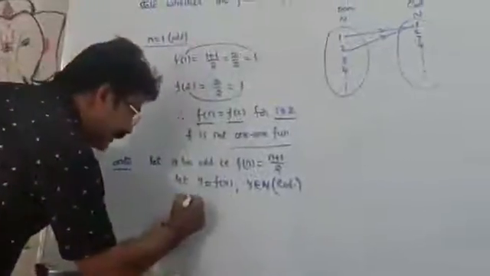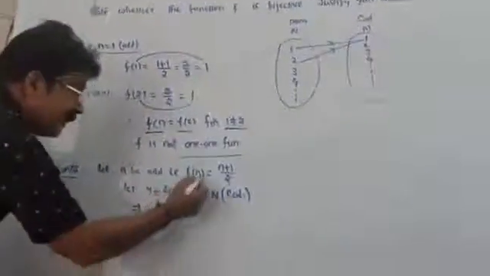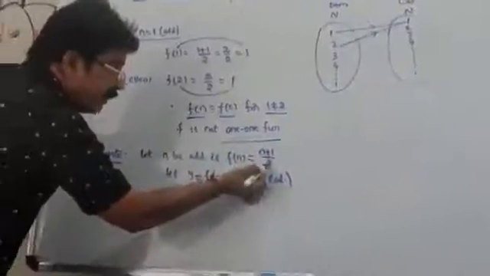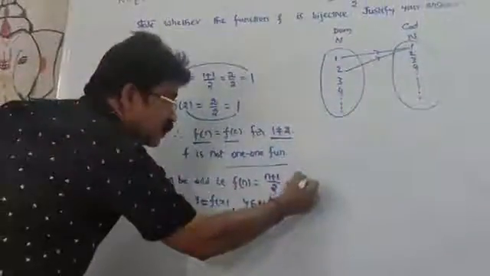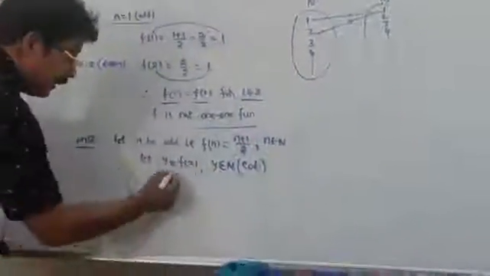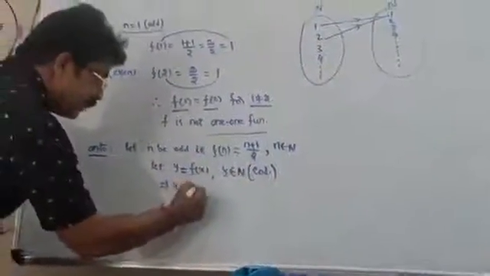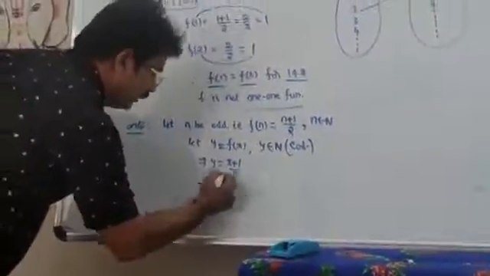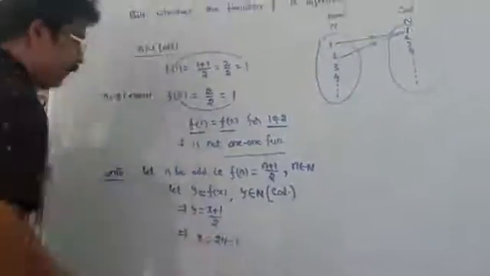That implies y is equal to f of x, f of n equal to (n+1)/2. Of course, n belongs to natural number. f of x means (x+1)/2. According to procedure, obtain x value. So, x equal to 2y minus 1.